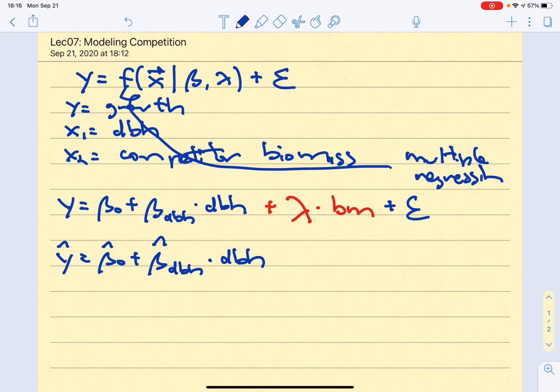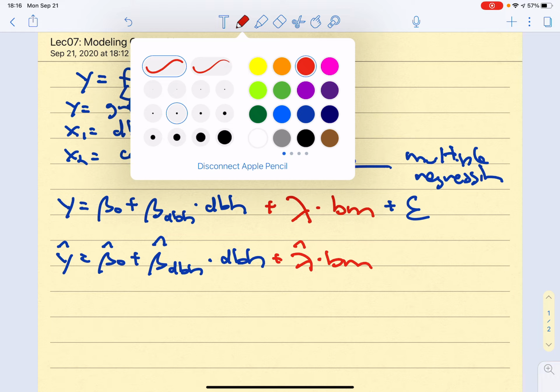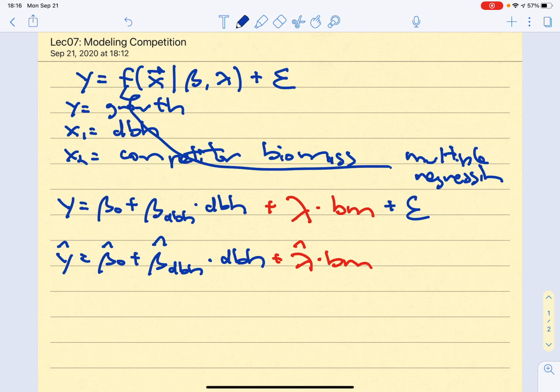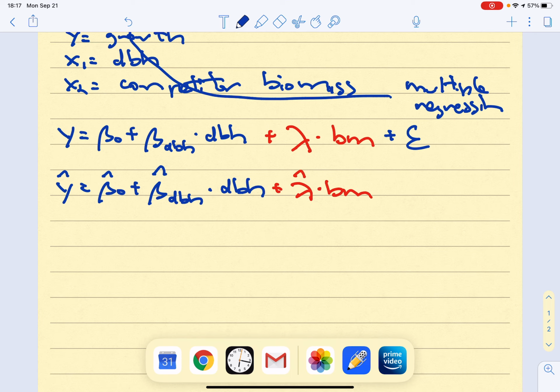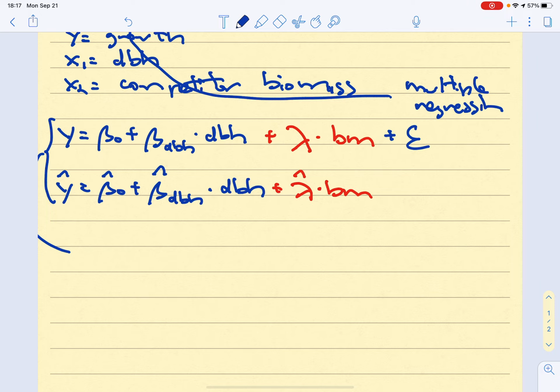And by plugging in values into this equation, you can get fitted values or predicted values y hat. All right, so that is one model. This is right here, one model for competition.